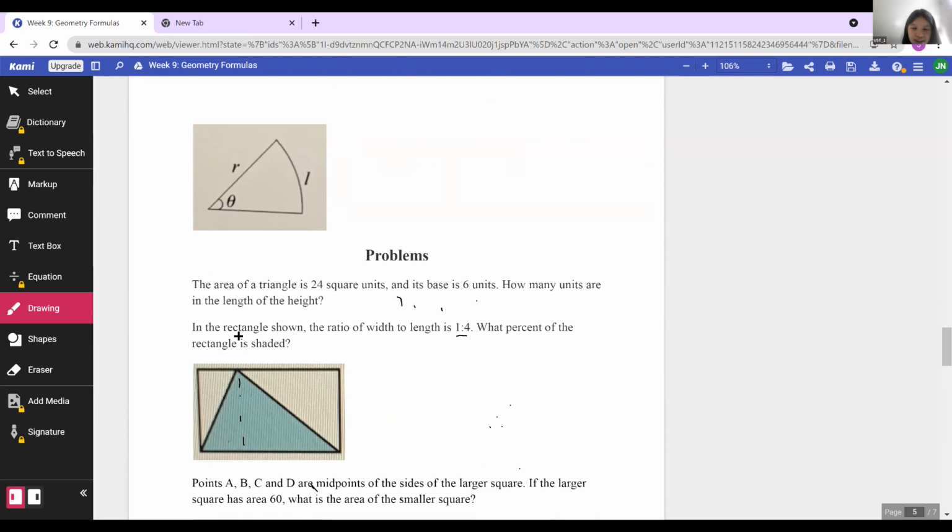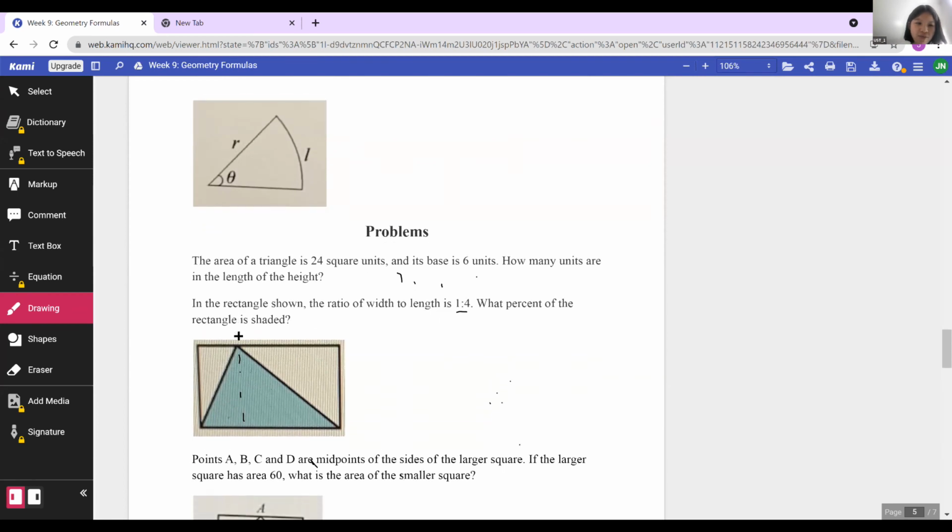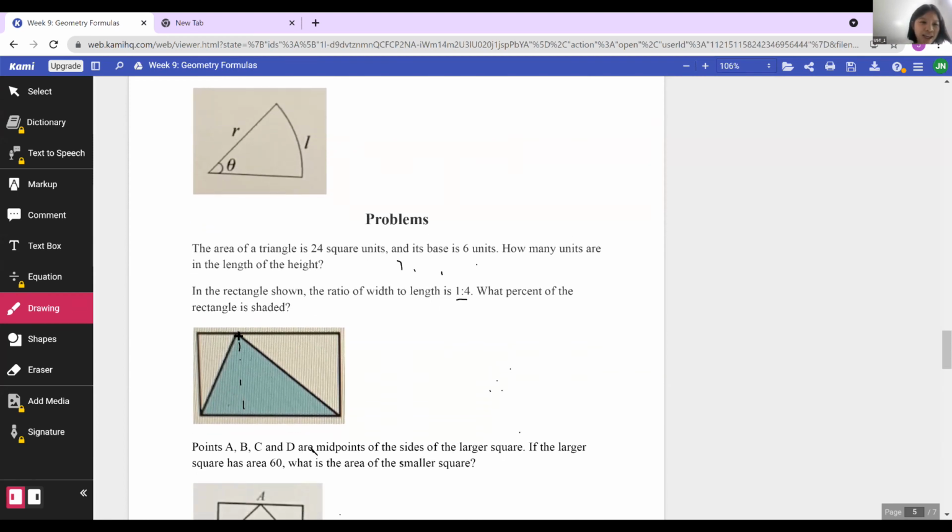So now we're going to take a look at some problems using what we've reviewed. Take a look at the first problem. We're not going to have Kahoot, so you could chat it once you get the answer or shout it out.